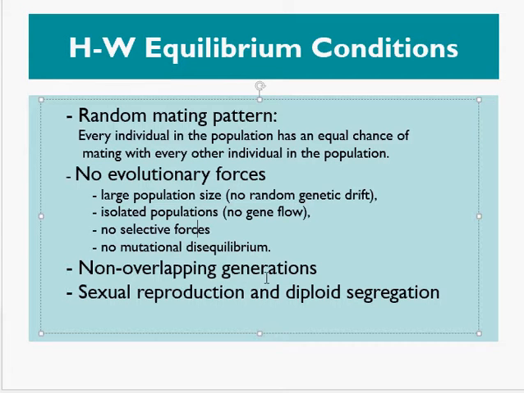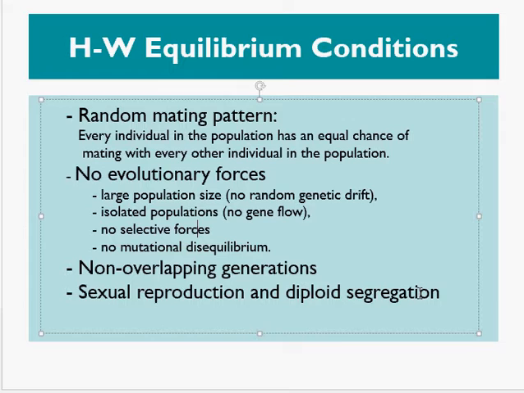And finally, under Hardy-Weinberg equilibrium, there must be sexual reproduction and there must be diploid segregation. Diploid segregation basically means that each organism carries 2 copies of the gene, so they can be heterozygous. They can have 2 alleles in the one organism.